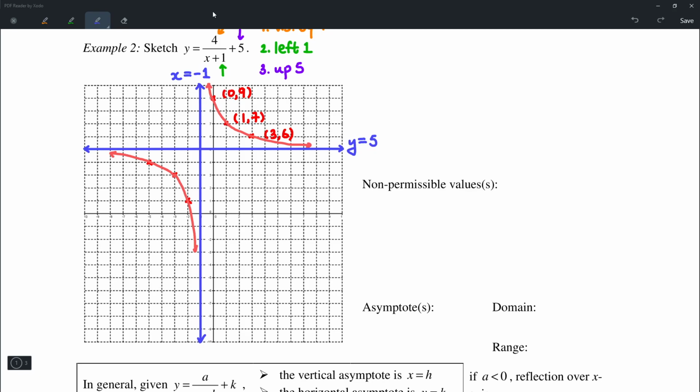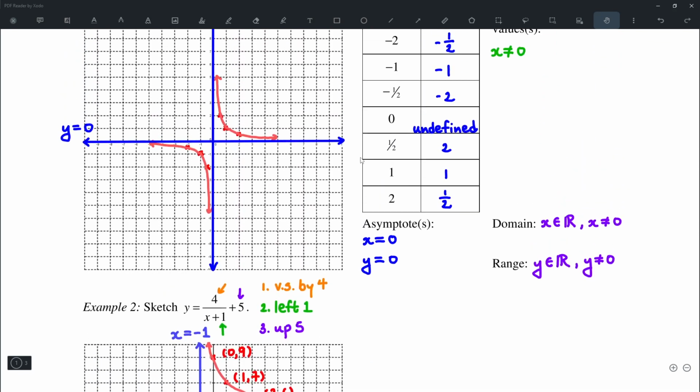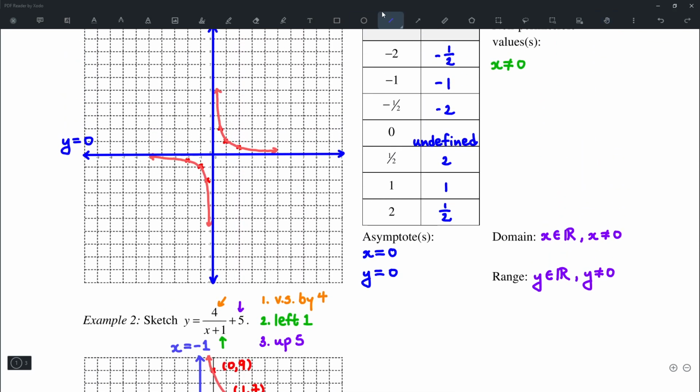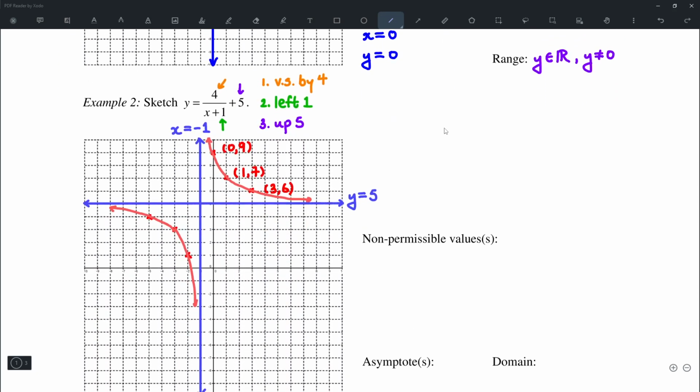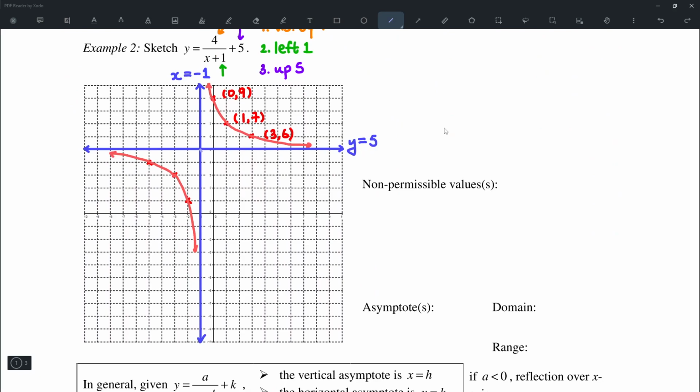Okay. So just as how in the previous example, there was a line of symmetry along this diagonal, we can use that symmetry to draw the second graph.